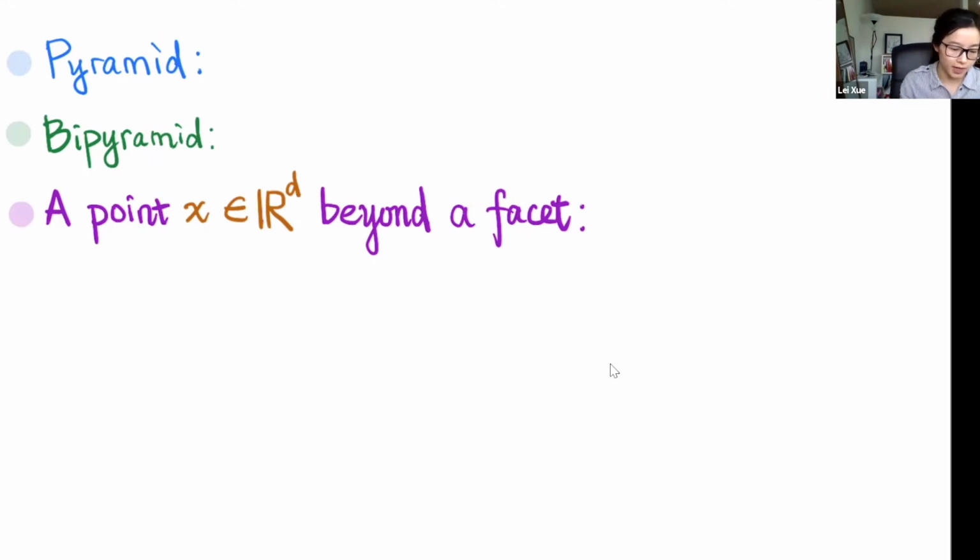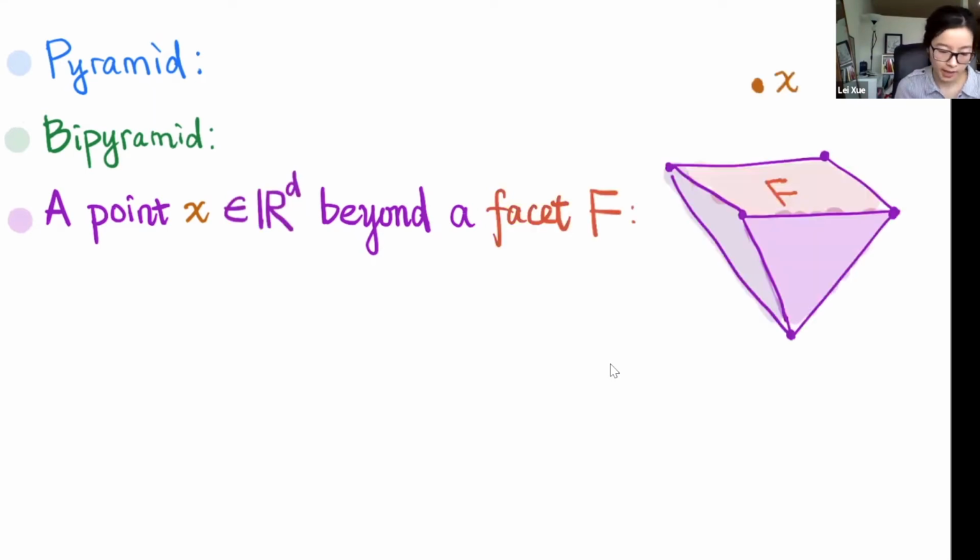So we want to define what it means for a point outside of a polytope to be beyond a facet. We pick a facet, call it F, and here it's intuitive, right? This X is floating above that table, so it's beyond that facet F in English. But rigorously, we say X is beyond the facet if you look at the supporting hyperplane of that facet, it should have the entire polytope on one side and that point X itself on the other side.